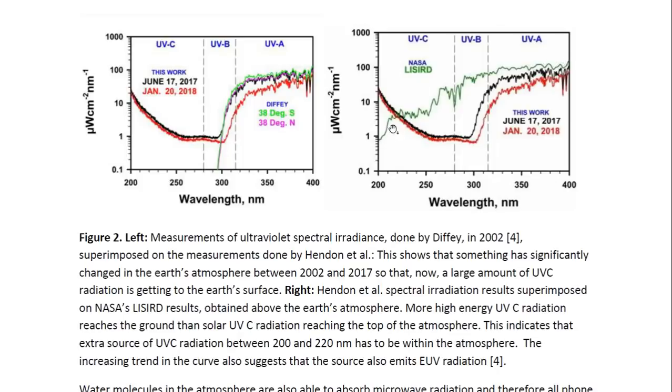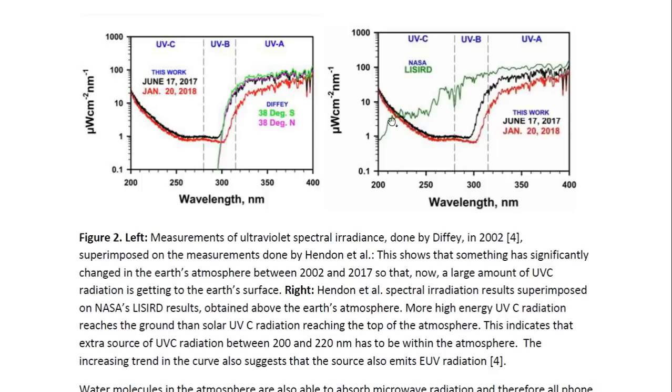And in this graph you can see how much there actually is, because this green line here shows the amount of UV radiation reaching the top of the atmosphere, that is, before it goes through the ozone layer and starts being absorbed.